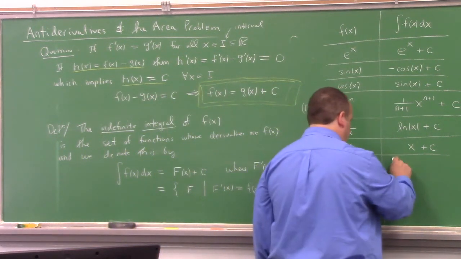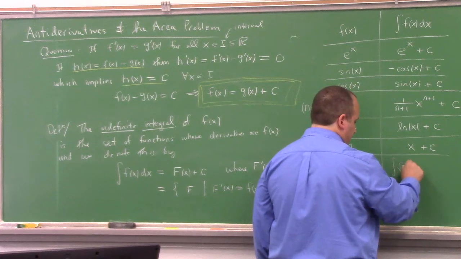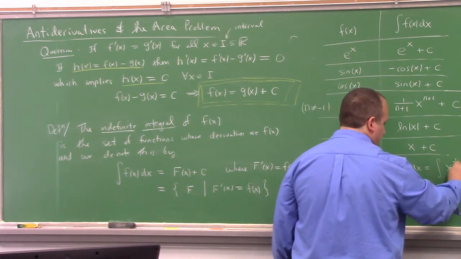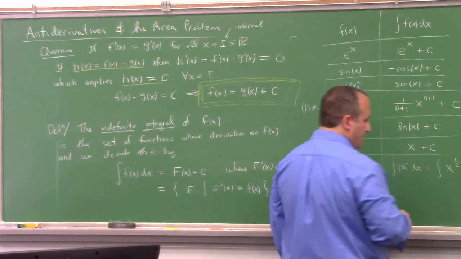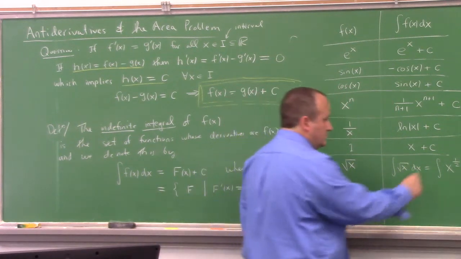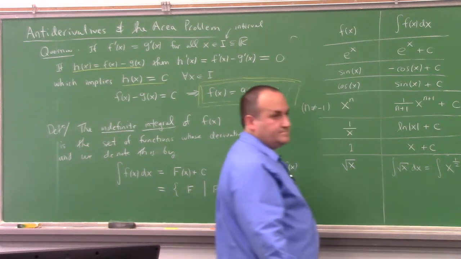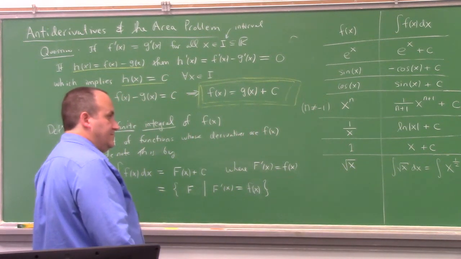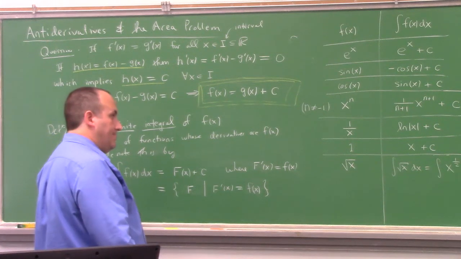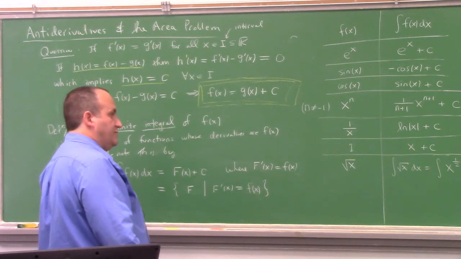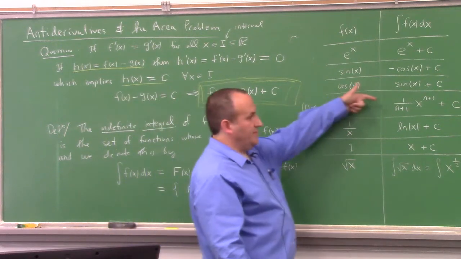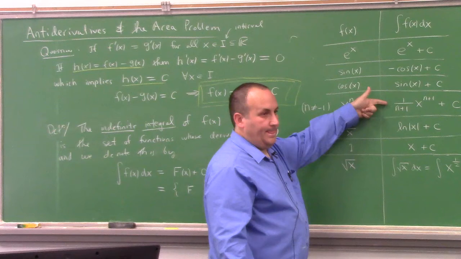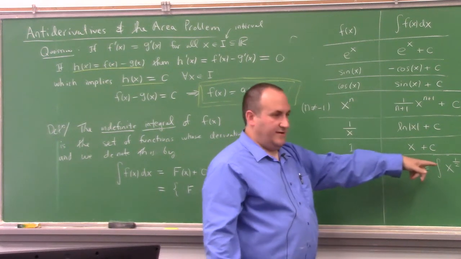I'll write out the work over here. Integral of the square root of x dx. That's the integral of x to the 1/2 dx. So we follow this rule up here, right? n is equal to what, 1/2?